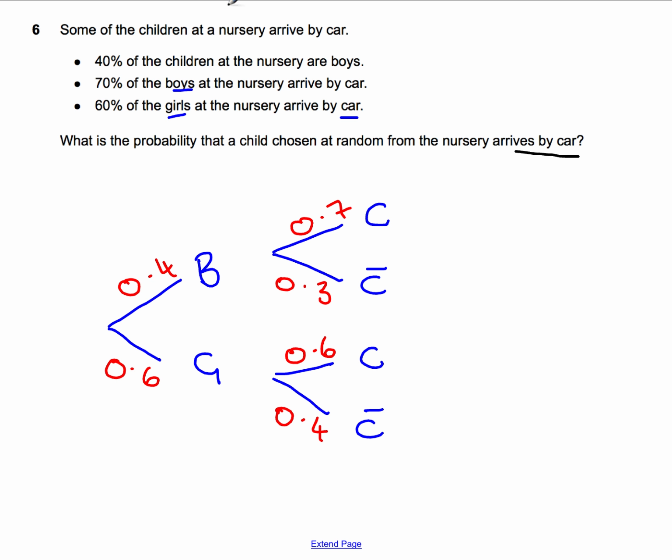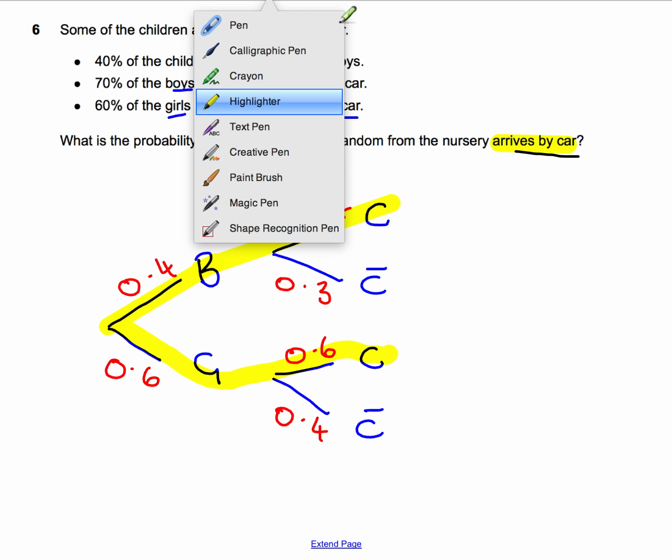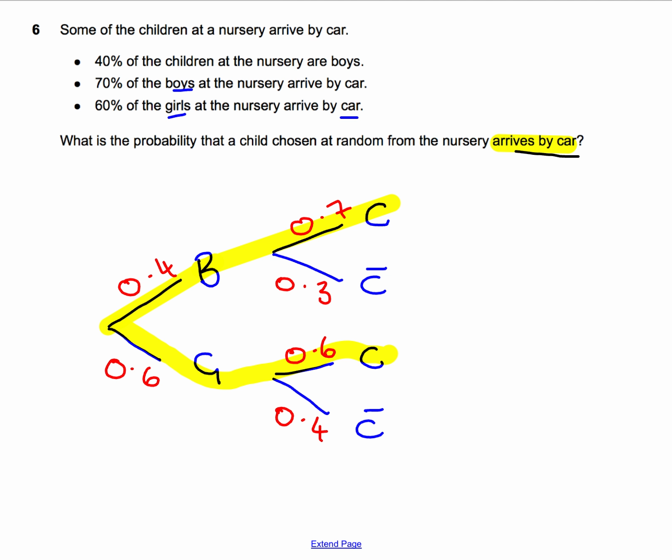So what is the probability that a child chosen at random arrives by car? So it's not asking for boys or girls. So the probability of arriving by car and being a boy, we're moving up this part of the tree, and then the probability of being a girl and arriving by car is this part of the tree. So remember, one of the key things is that when you move along the tree diagram, you always multiply across.